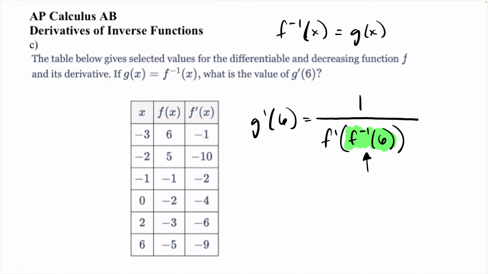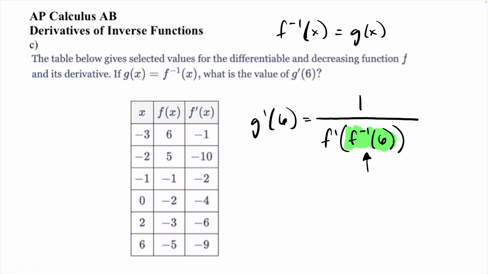The inverse of 6. So it's the inverse, right? And what do we do with x and y when we find an inverse? We swap them, right? So let me show you this way. Maybe this will make more sense.